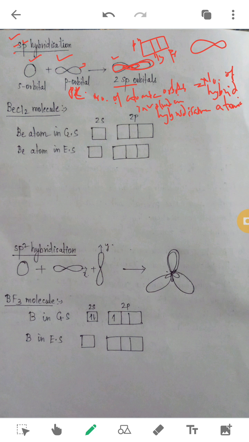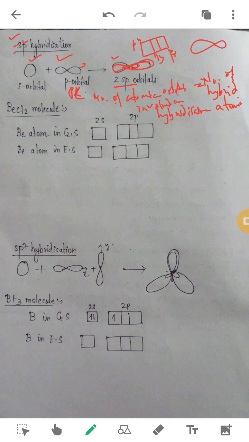Let us see the BeCl2 molecule as an example for this sp hybridization. Beryllium in the ground state, what is its electronic configuration?